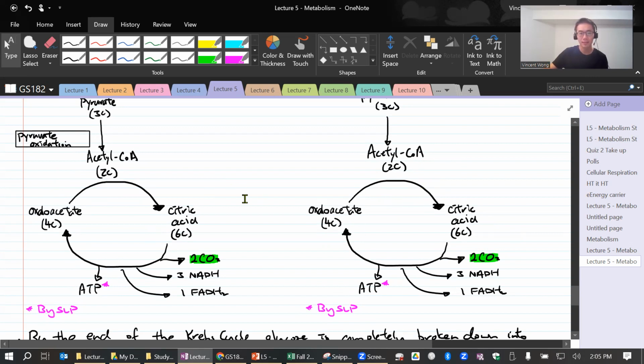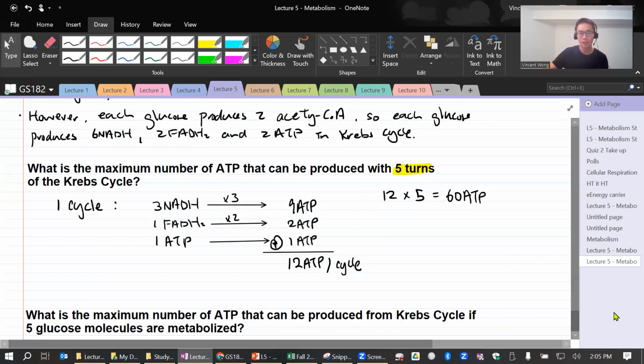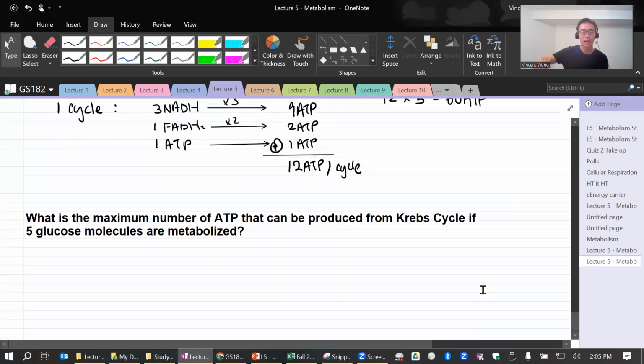All right. Now, let's move on to the next part of the question. We know that 1 glucose corresponds to 2 turns, 2 spins. So now we have 5 glucose. How many turns for 5 glucose? Hopefully you will know it's 10 turns. Thank you, 10 turns.